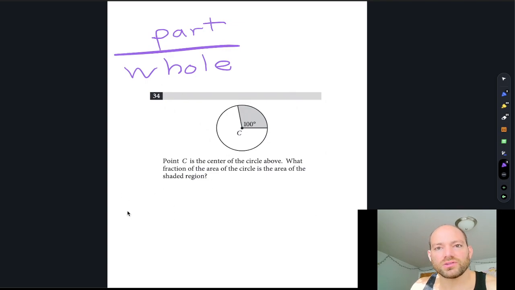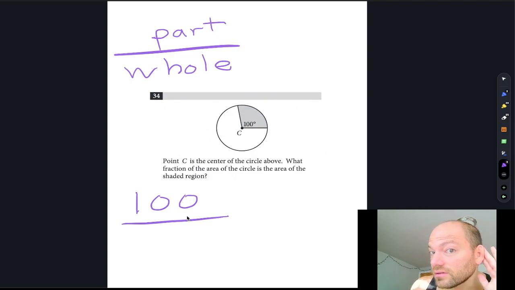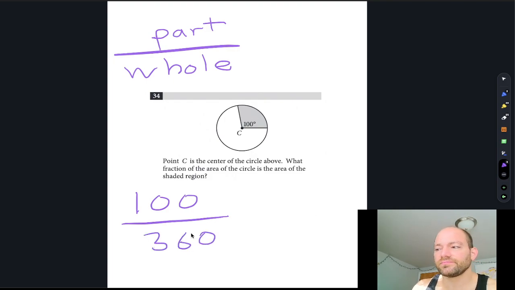For this particular question, it's 100 degrees, that's the central angle of the sector, and the degrees of the whole circle, what's that? Yeah, it's 360. So probably this fraction will be involved in some way, because what else could we even do?